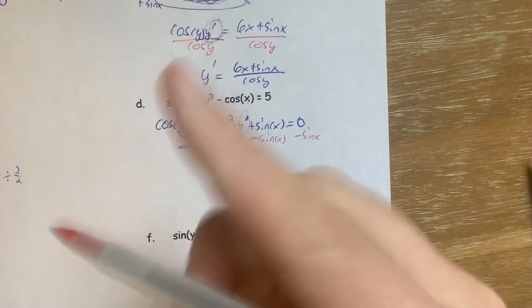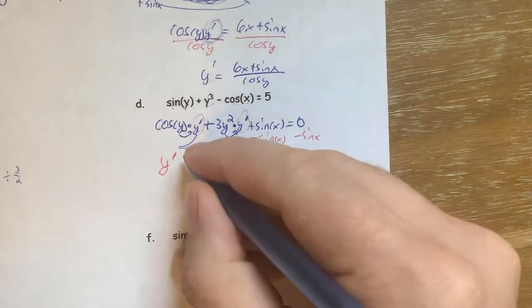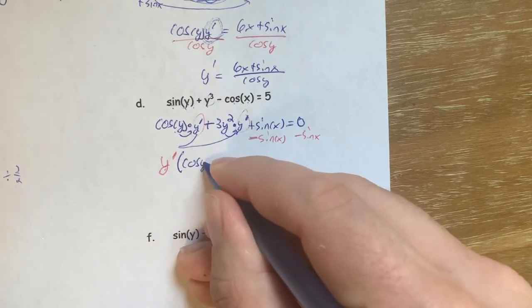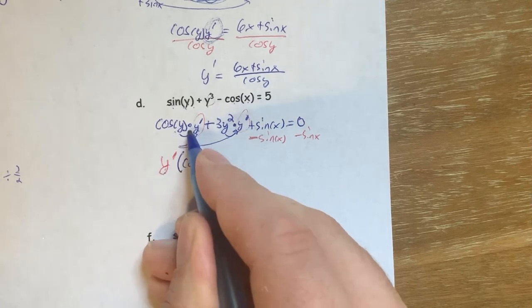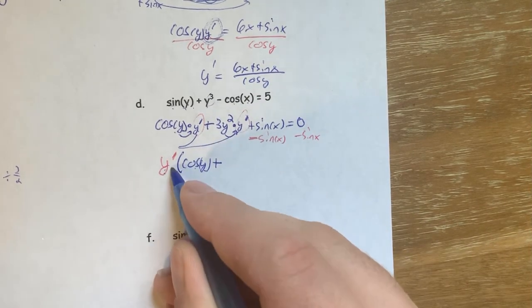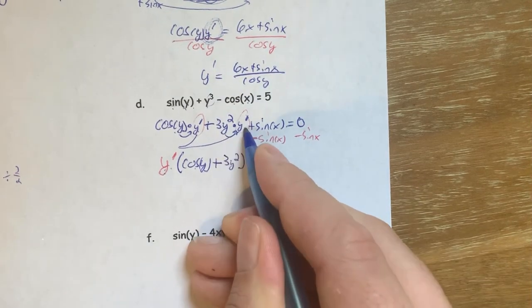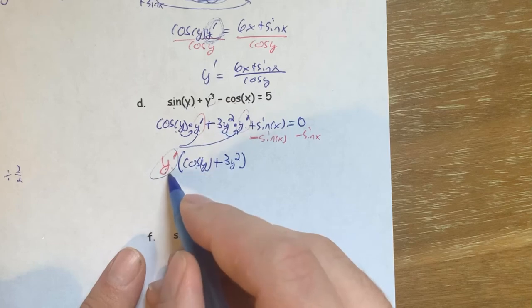We're going to say it's y prime times whatever is left over. So y prime times cosine of y plus, so y prime times cosine of y gives us cosine of y prime, plus y prime times 3y squared will give us 3y squared y prime. So this is a way of rewriting it, but now there's only one y prime.